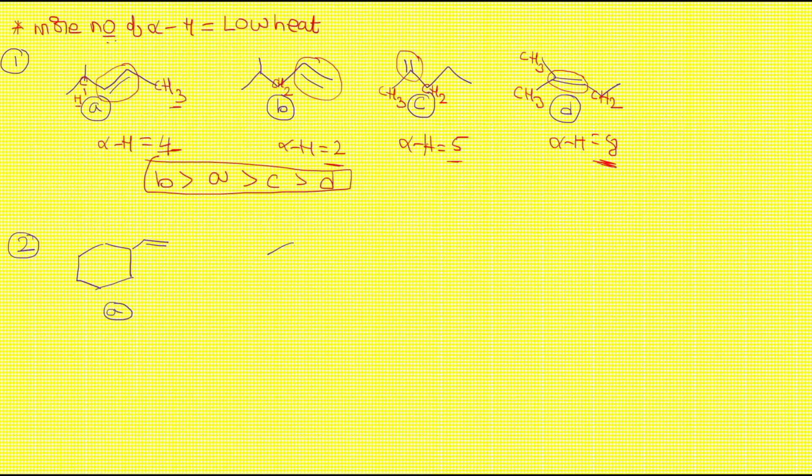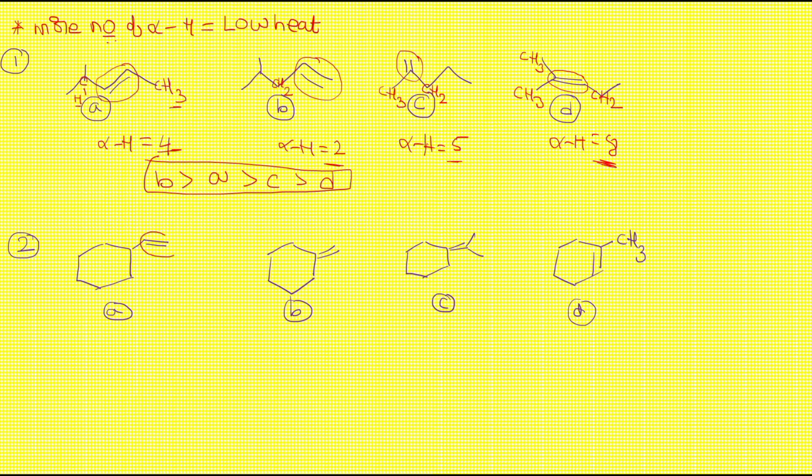A, this is B, C, and the D. So here also, let us check the number of alpha hydrogens possessed, then we can decide which has high heat of hydrogenation and which has low heat of hydrogenation. Can you please do it for me?